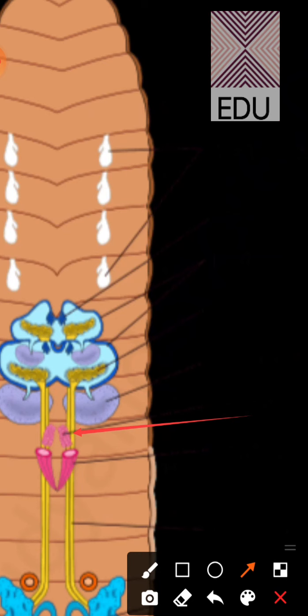Now below the ovaries, we have got two ovarian funnels. These are the funnels, one on the left side and one on the right side. These funnels have the oviducts, the tubes which are going down and taking the ova which are coming from the ovary.